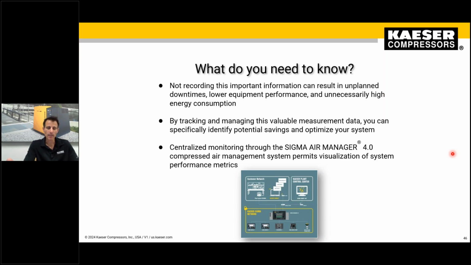One thing that you may not be seeing is in regard to not recording information that's ongoing in regard to unplanned downtime. If you are having those things occur right now, the question would be why. Certainly, compressor operation is a big indicator with that.